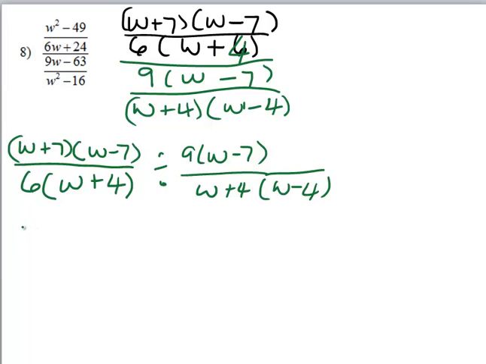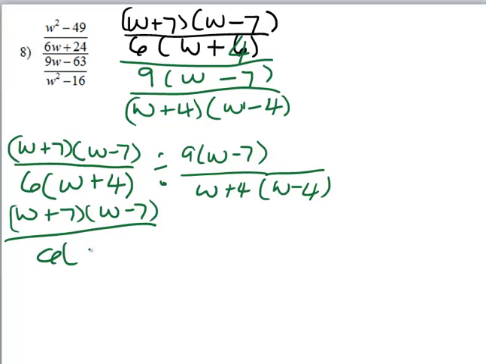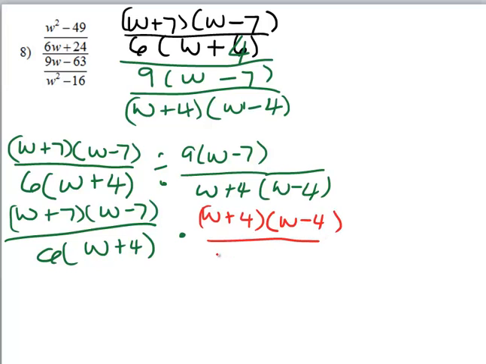And then I'm going to flip this. So let me rewrite it. w plus 7 times w minus 7 all over 6 times w plus 4, times w plus 4 times w minus 4 over 9 times w minus 7.